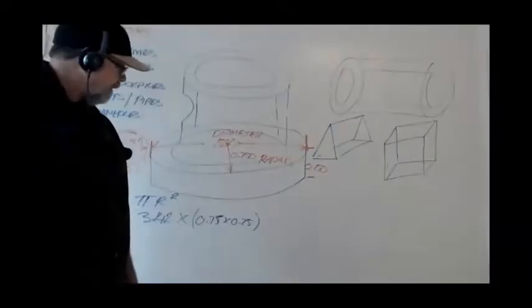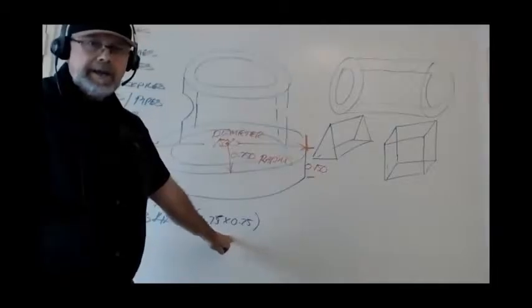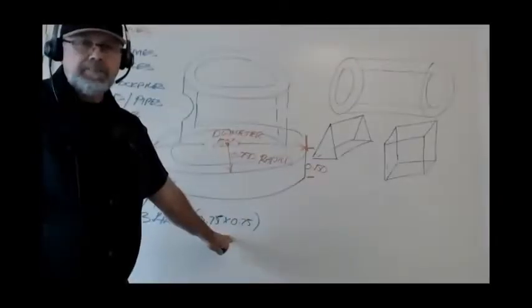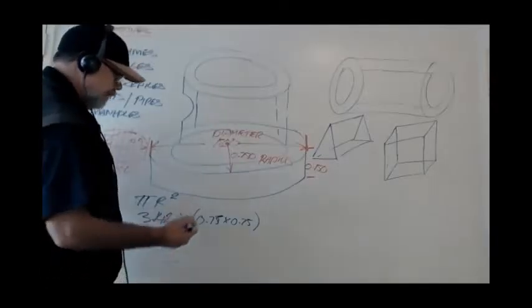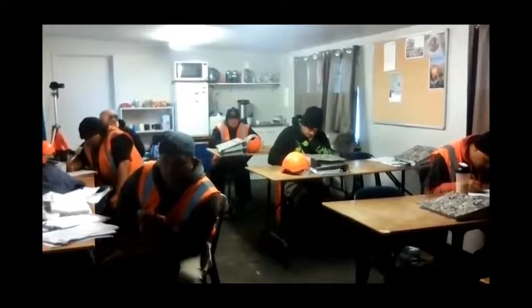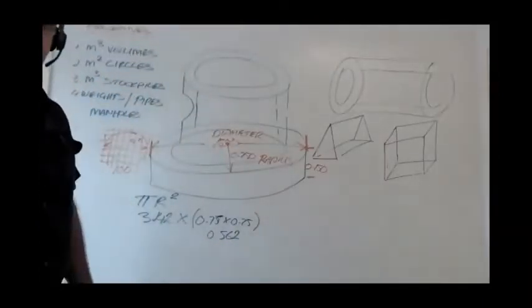So if you get your calculator out, if you multiply 0.75 by 0.75, just give me that number. 0.5625. We'll just go 0.562, okay?